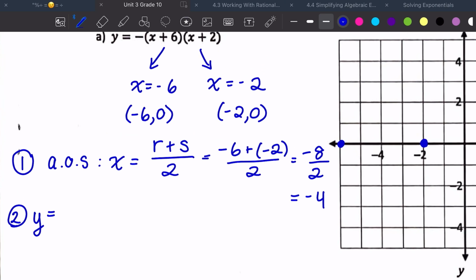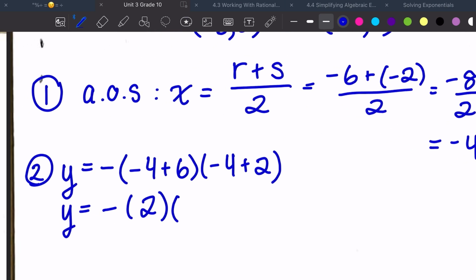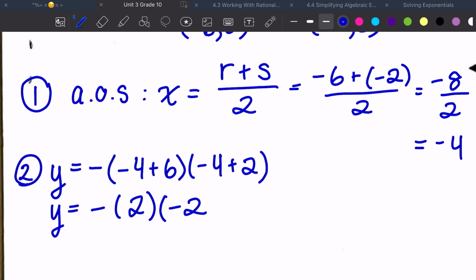So I can say y is equal to -1 essentially times -4 plus 6 and -4 plus 2. And this is going to give me the negative on the outside. -4 plus 6 is just 6 minus 4, or 2. And then -4 plus 2 is -2. So I've got 2 times -2, which is -4, but then I still have this minus in front.